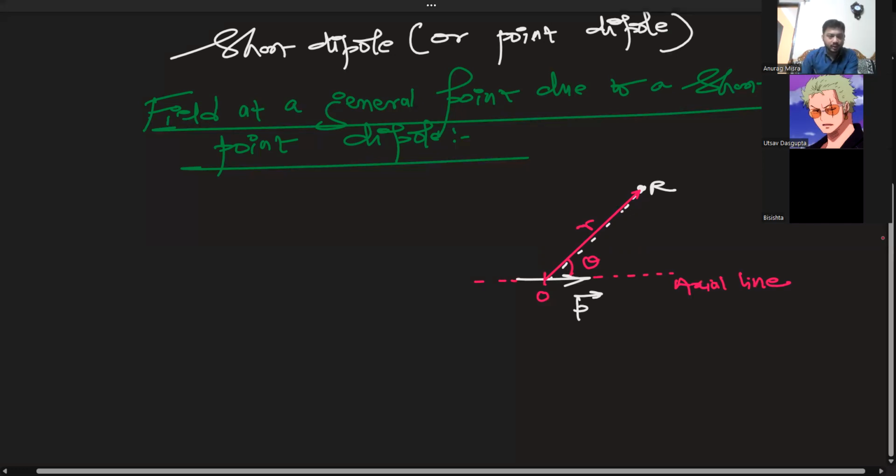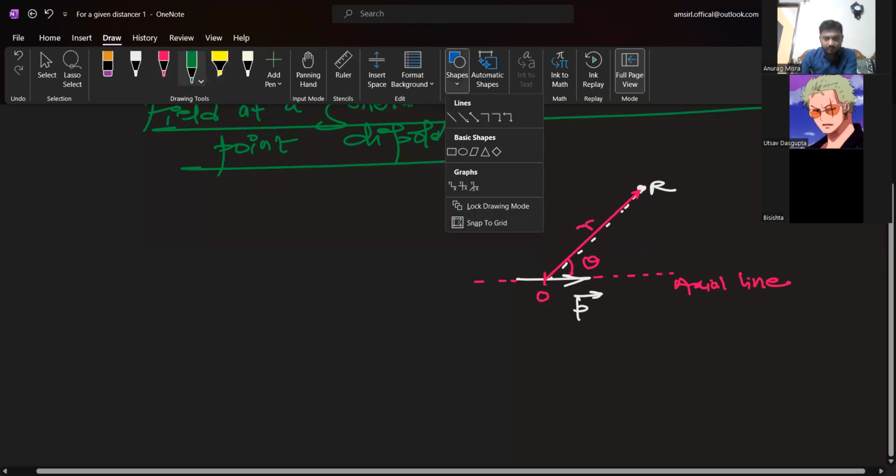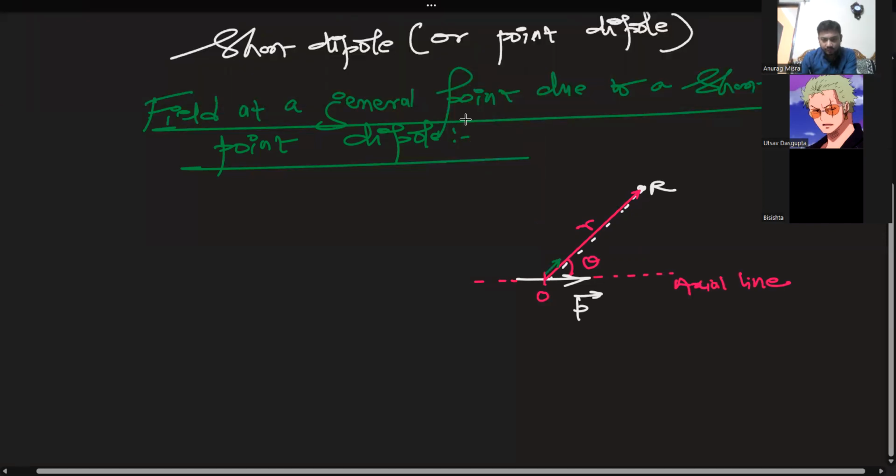Now see, you know that as dipole moment is a vector, I can resolve it into two components. ये जो p है, it can be resolved as p cos theta along the direction of the vector r. Right?